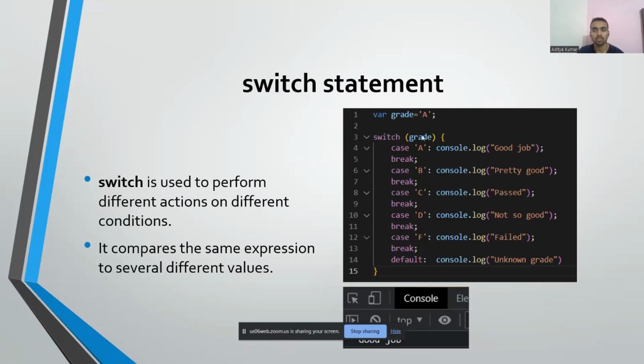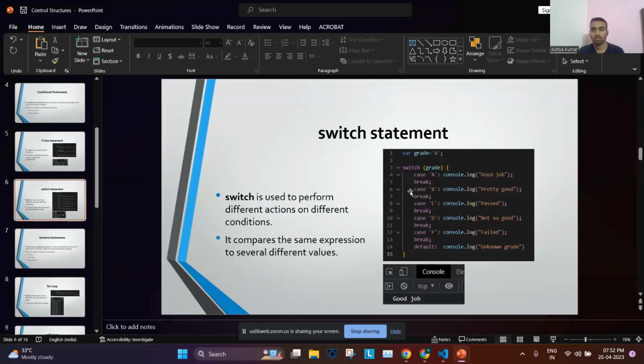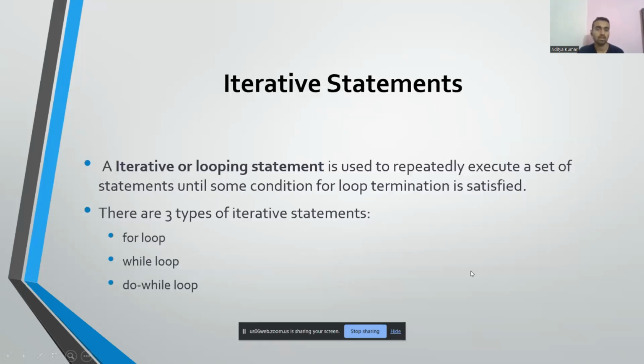So if it's A, we get good job, and if it's B, pretty good, and so forth. So as the grade is A, we get good job console logged in the console.